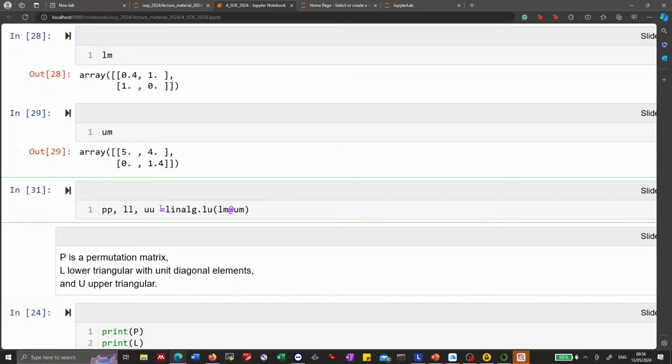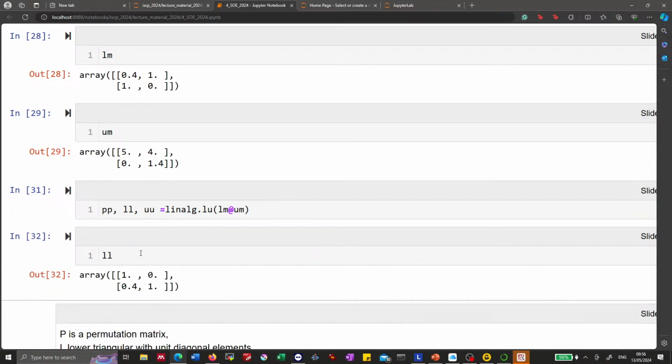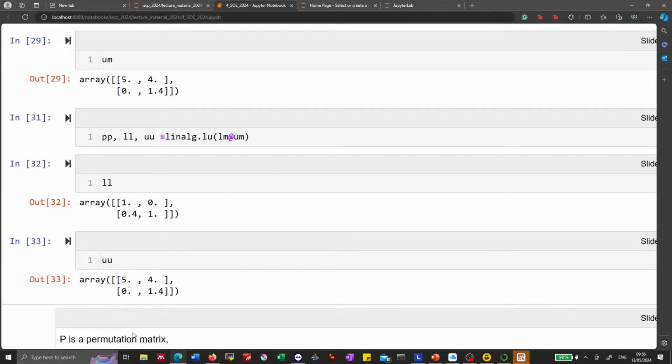Look, yes, that works. Now when we check L, when we check U, we basically get what it should be, right?